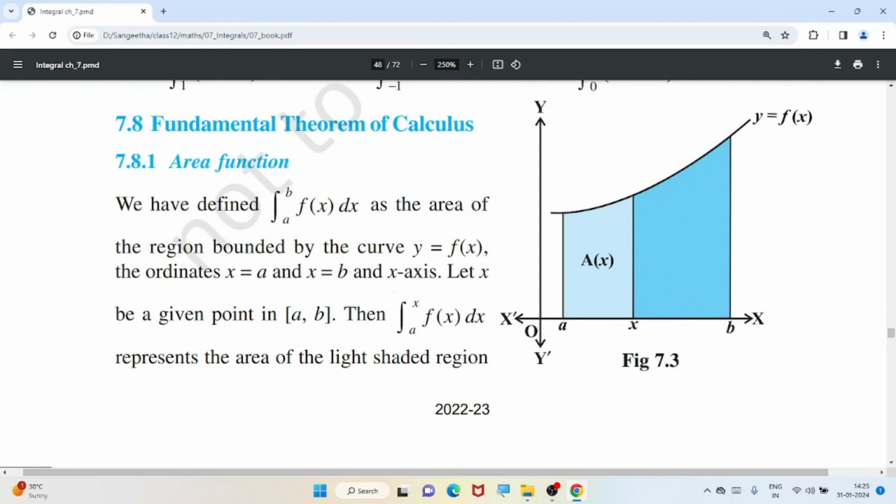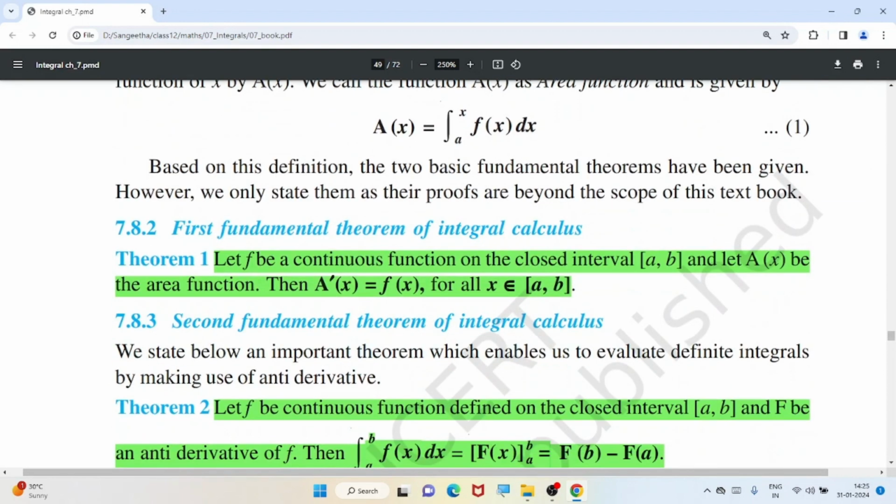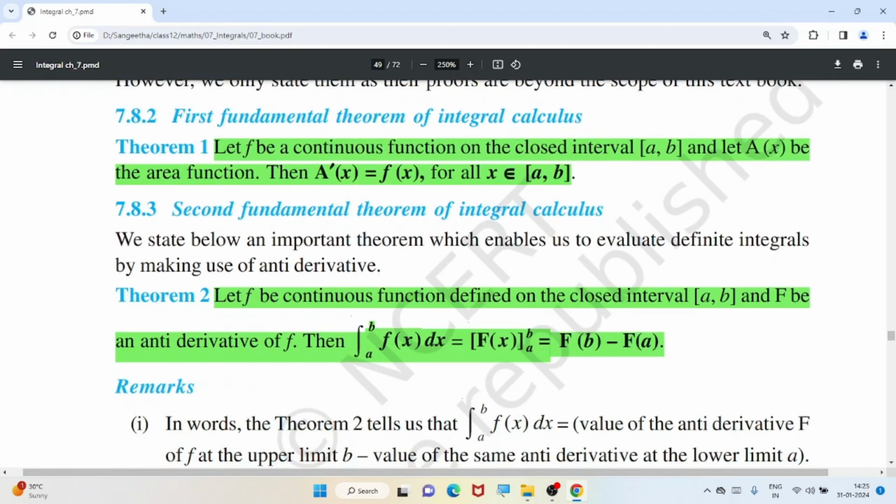Area function, definite integral. These are the theorems of this integral. f of x is a continuous function on a closed interval a b. Let A of x be the area function, then A dash of x, basically the derivative of this, is f of x.